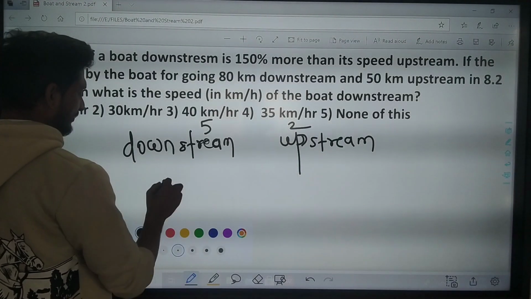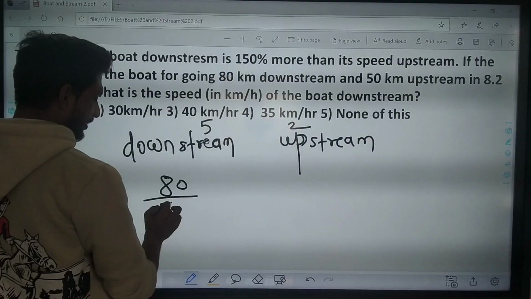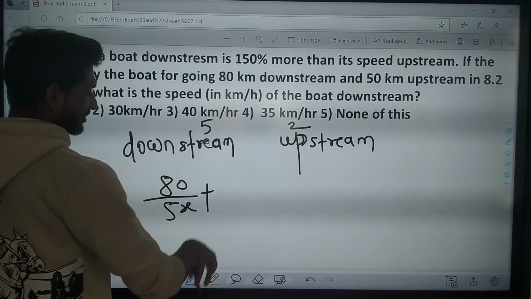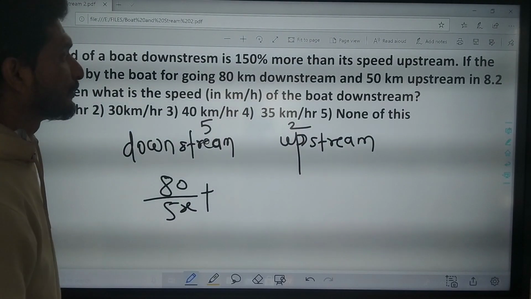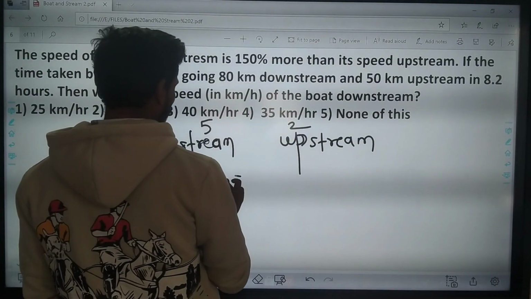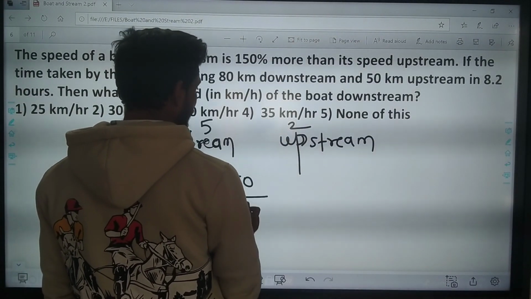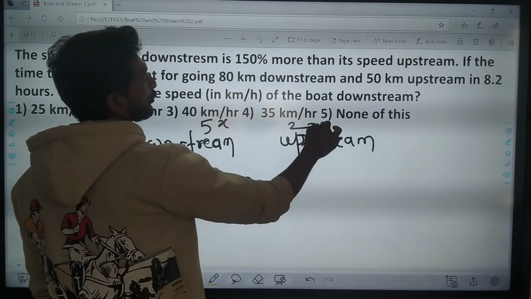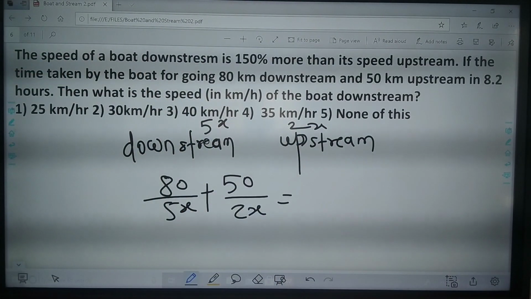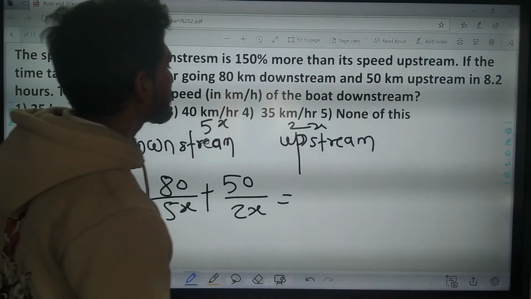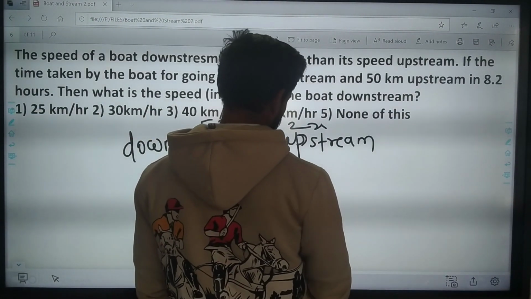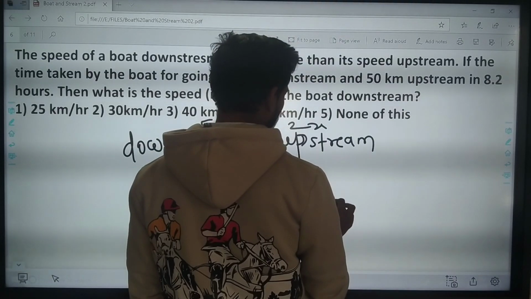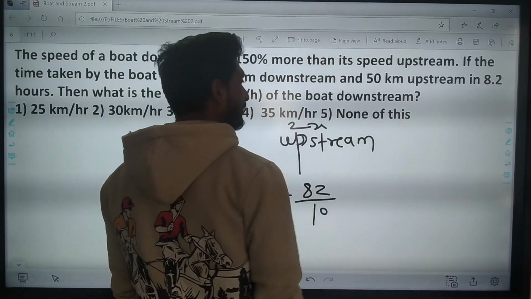Now the time taken by the boat going 80 kilometer downstream is 80 divided by 5x, plus 50 kilometer upstream is 50 upon 2x. This total is 8.2 hours, that is 82 upon 10.